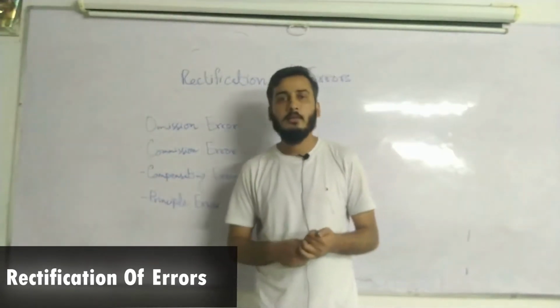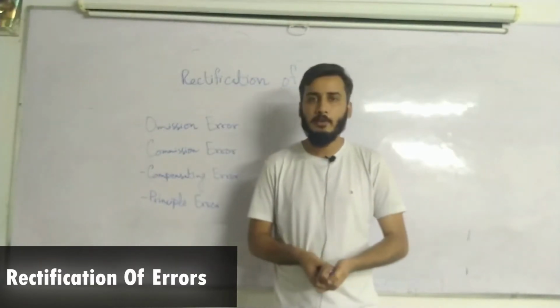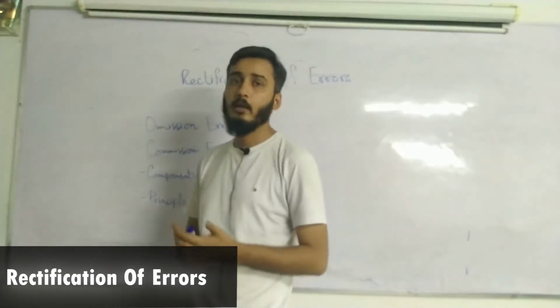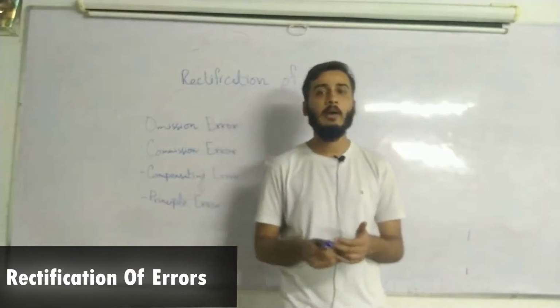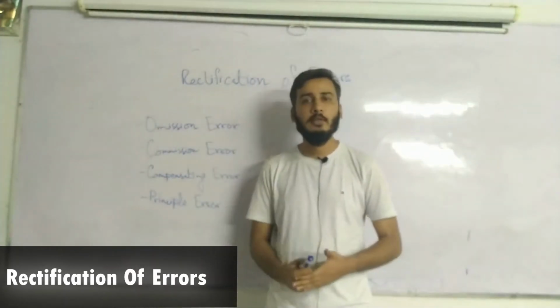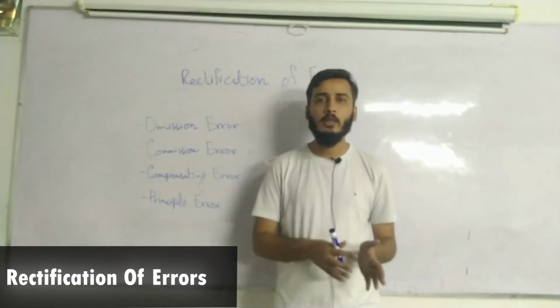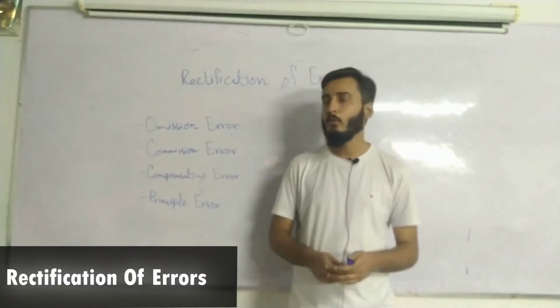Then commission error. Commission error means the error which is of amount. Then compensating error. Compensating error means if you have compensated any of the entry with another one, means if I had to record sales on the credit side and I have recorded furniture on the credit side, that will compensate the credit side, but it is an error though.